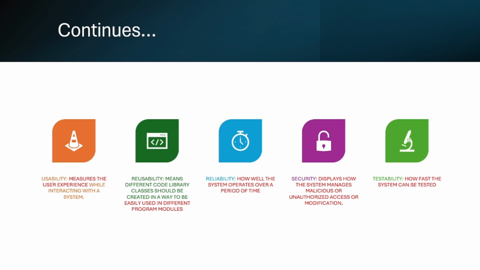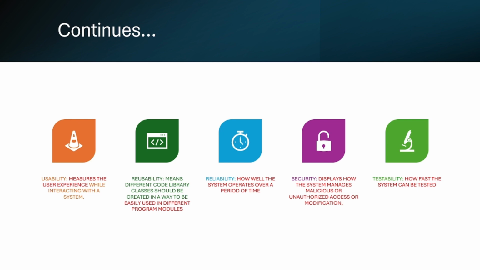We have reliability, which is how well the system operates over a period of time for it to be reliable for the customer. And then we have security, which displays how the system manages malicious or unauthorized access or modifications, like protection from hackers and things like that. And we have testability, which is how fast the system can be tested.